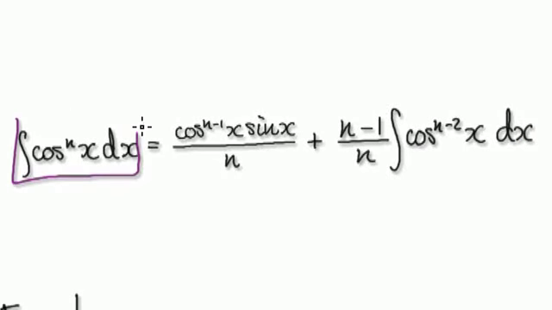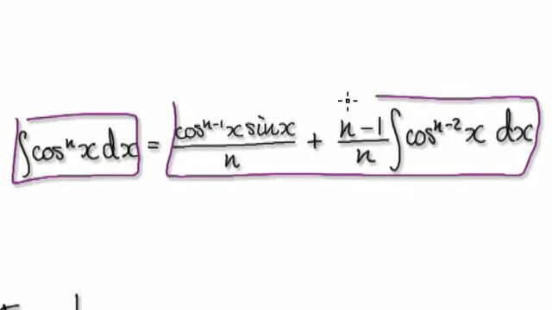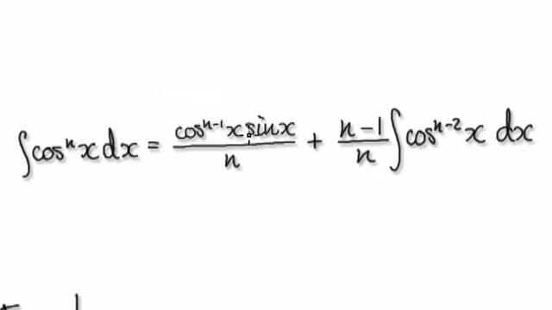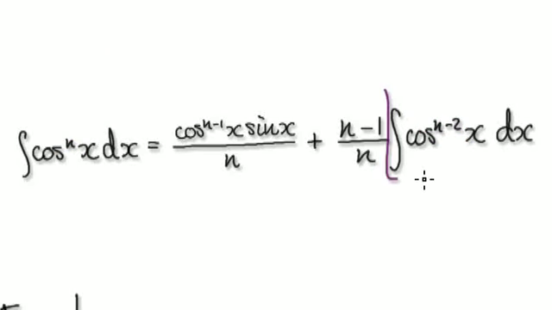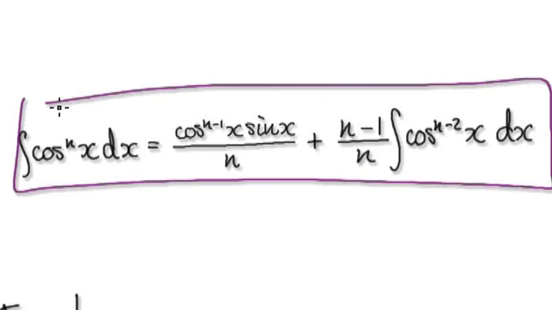So you've got something that's complicated, and now it becomes slightly easier, but you still have to work out the integral of this. But the good thing is that from n here, it has become slightly simpler, but you still have to work out this integral here. So this whole thing is called a reduction formula.